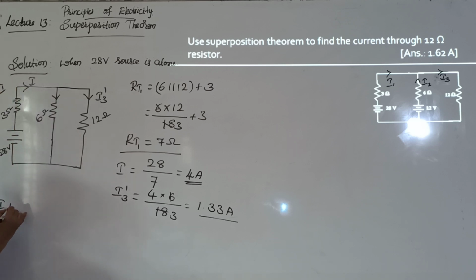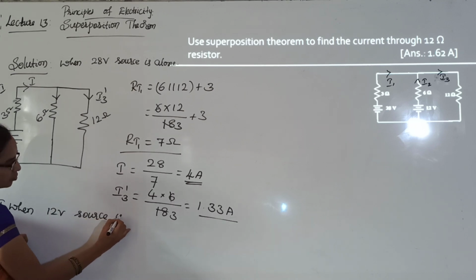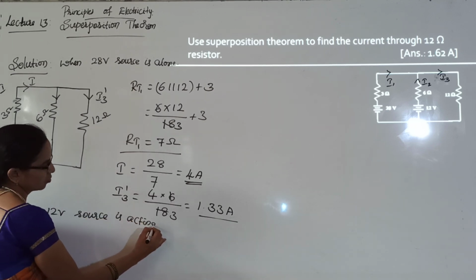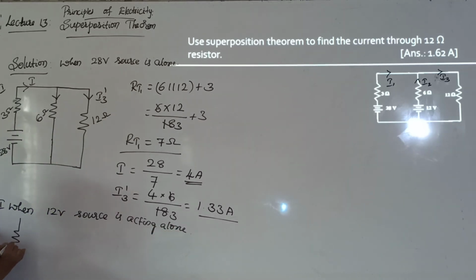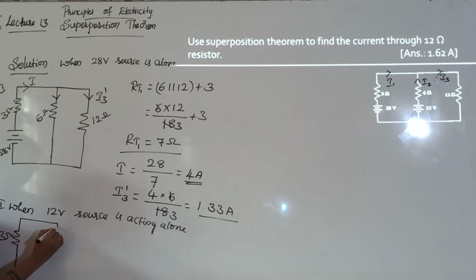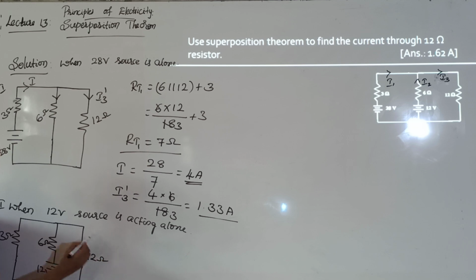The second step, when only 12 volt source is acting alone, the circuit will be 3 ohm resistor and the 28 volt, I will make that as a short circuit, with 12 volt, 6 ohm and 12 ohm.